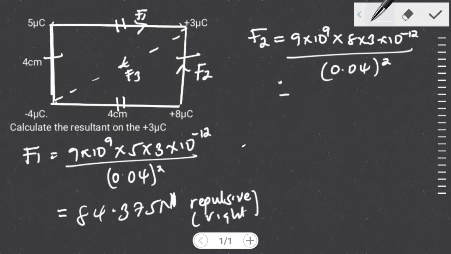And then this would be equal to 135 Newton, but this force would be upwards. So you have to give the direction, and this force is repulsive, but upwards.